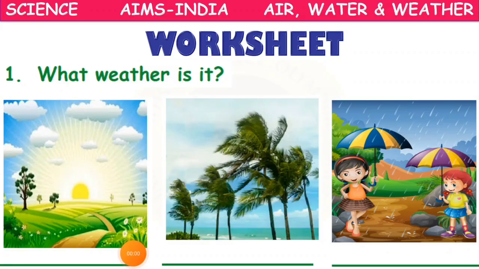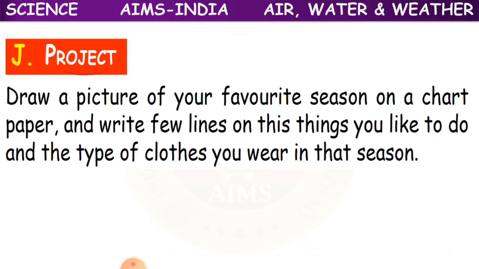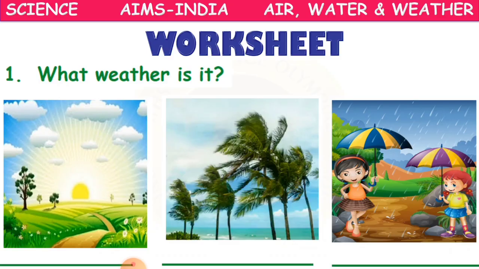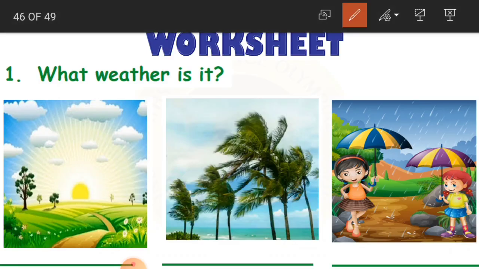Okay, children, here is a worksheet for you. There are pictures here and you have to identify what type of weather it is. See here in the first picture, what do you feel it as? There is bright sunlight. The sun is giving light, so this is a sunny day.